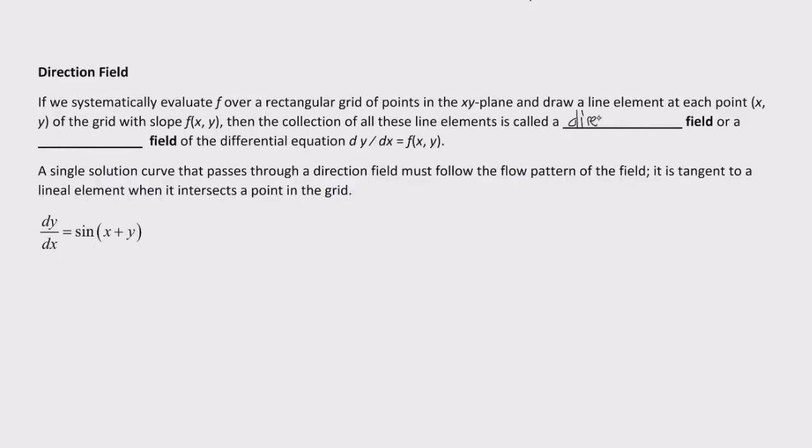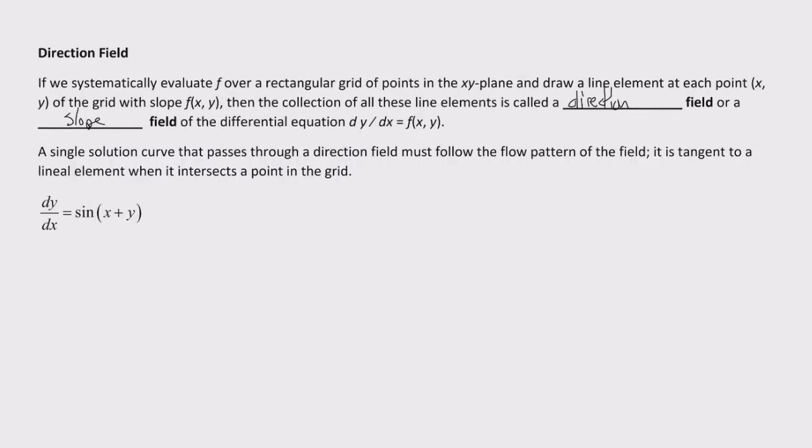Try to write that a little bit neater for you. Direction field or a slope field. And then a single solution curve that passes through a direction field must follow the flow pattern, again, based on some initial conditions. So let's take a look at this example here.